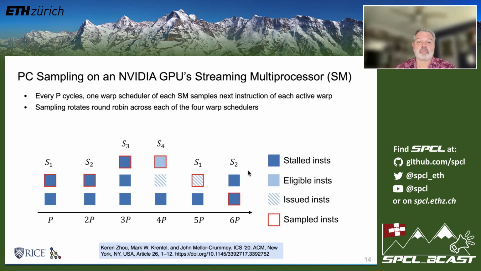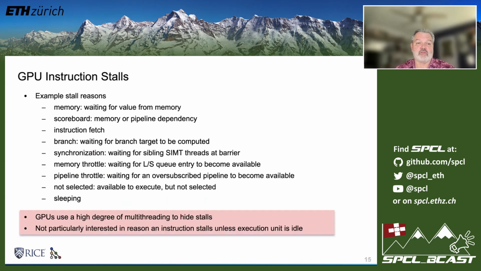The kinds of GPU instruction stalls are: you can be stalled waiting for memory, or stalled on the scoreboard waiting for a memory or pipeline dependency, or for instruction fetches, branches or synchronization, or you can't issue any more memory operations because the load store queue is full, or you can't issue arithmetic operations because the pipelines are full. GPUs, as I mentioned, use a high degree of multithreading to hide stalls, and we're not really interested in the reason why an instruction stalls unless an execution unit is idle. Otherwise, those stalls are just going to be hidden by multithreading. So we collect information about stalls when they're uncovered.